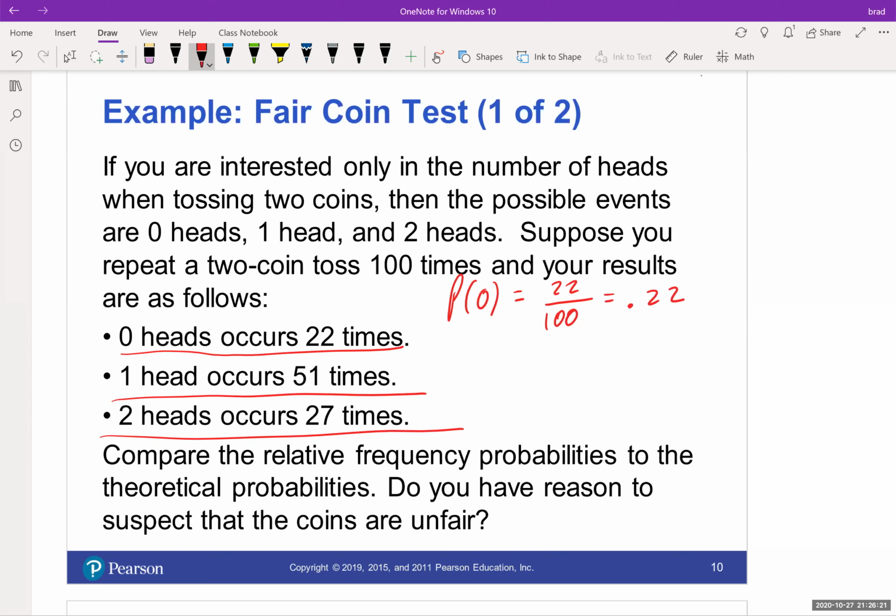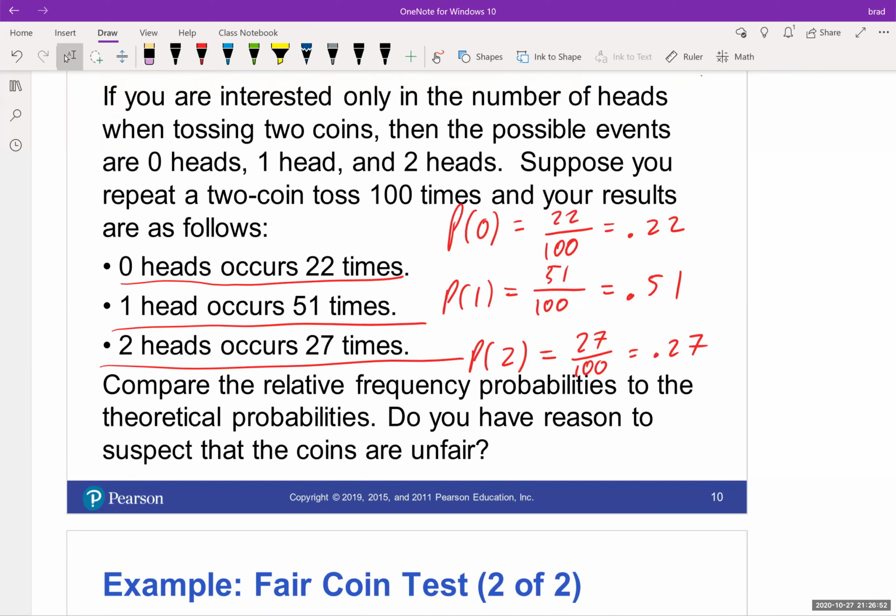So this is 0.22, okay? Probability of 1 head being tossed, 51 divided by 100, and this would be 0.51, okay? Probability of 2 heads being tossed would be 27 out of 100, so this would be 0.27, okay? And this would account for the total 100% of all these scenarios.